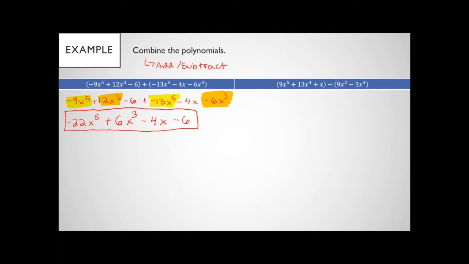The first polynomial, I don't have a number in front of the parentheses, so I can just write 9x to the 5th plus 13x to the 4th plus x without the parentheses. But now I have that minus, which I'm going to write as adding a -1, and then I still have my polynomial 9x squared minus 3x to the 4th.